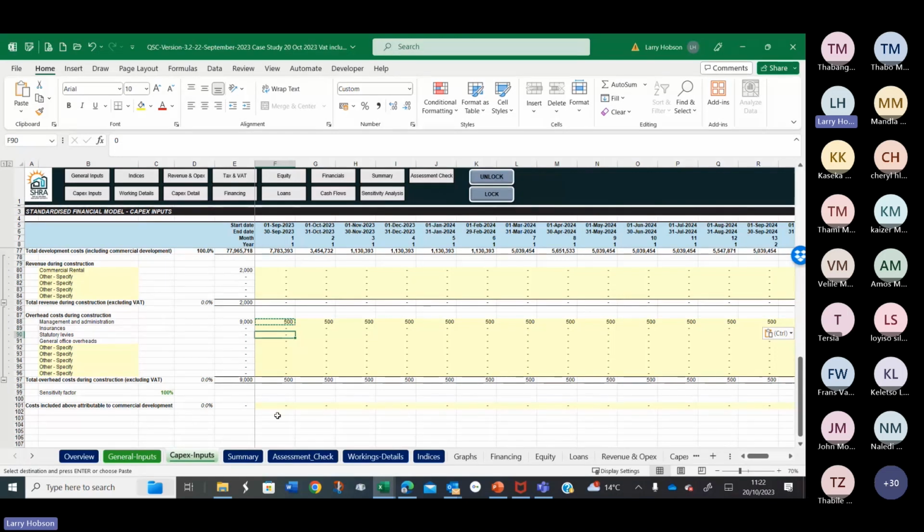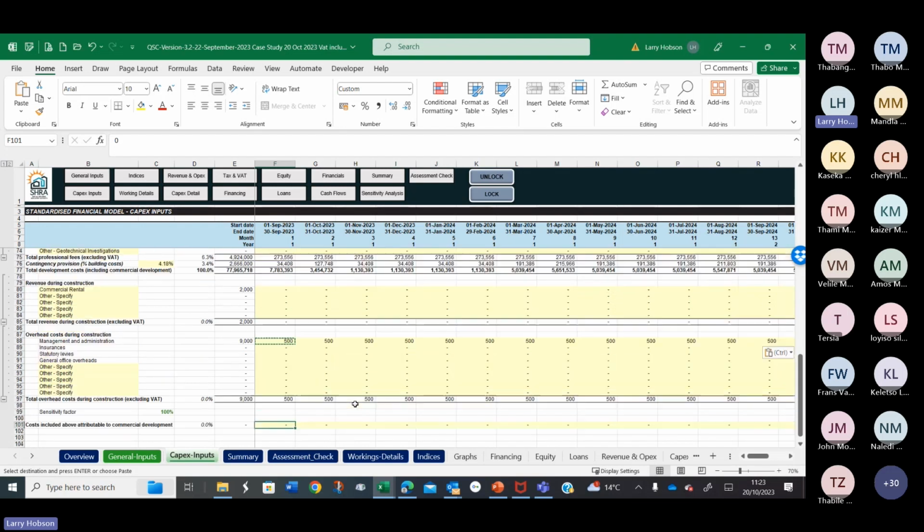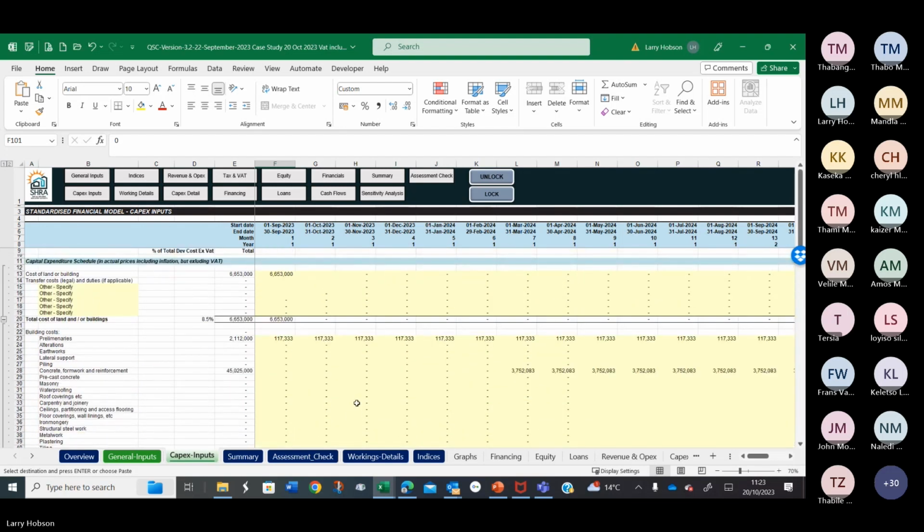Right, and there's no actual commercial development happening here, so we're not going to fill in the bottom one. So that is a quick way of populating this.